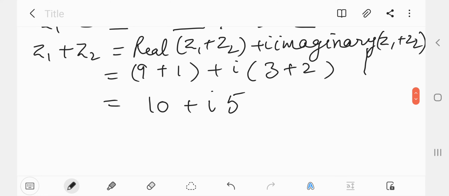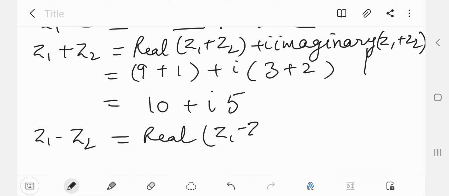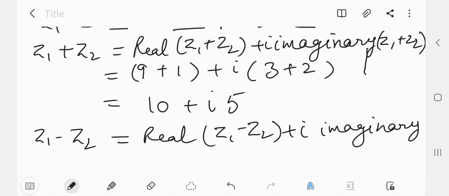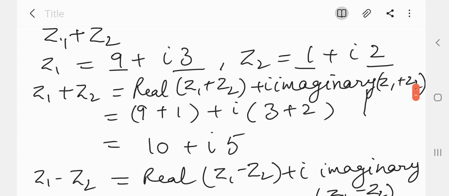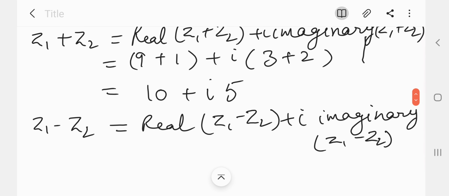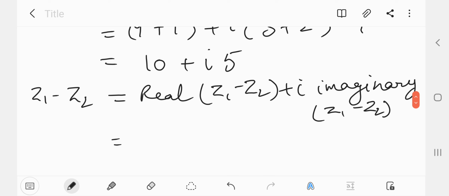Similarly, if we solve z1 minus z2, subtraction is done the same way. Real part of z1 minus z2, plus iota, imaginary part of z1 minus z2. Real part of z1 is 9 and of z2 is 1, so 9 minus 1, plus iota.